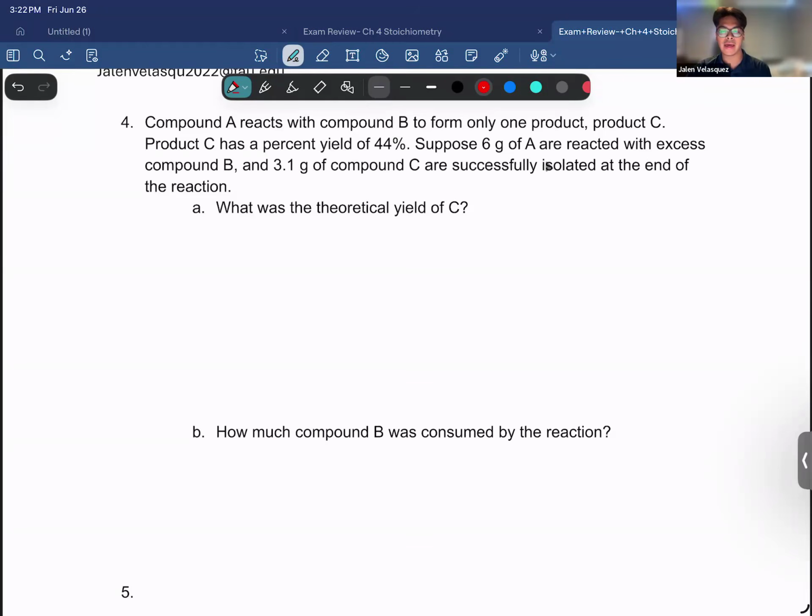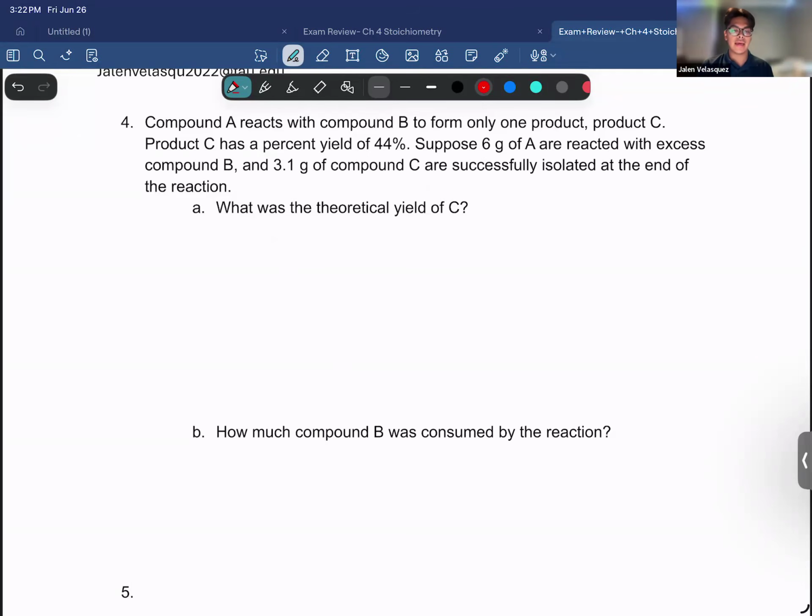Suppose 6 grams of A are reacted with excess compound B, and 3.1 grams of compound C are successfully isolated at the end of the reaction. So this has two parts. Part A, I'm asking what was the theoretical yield of C, and B, how much compound B was consumed by the reaction.